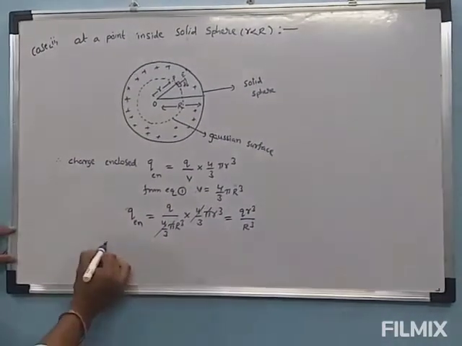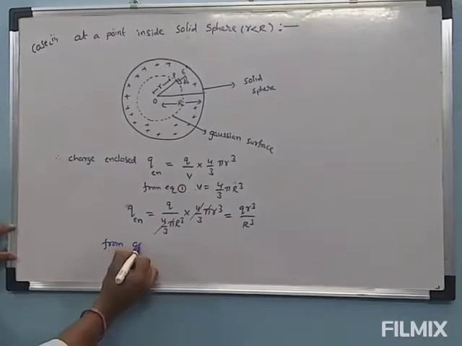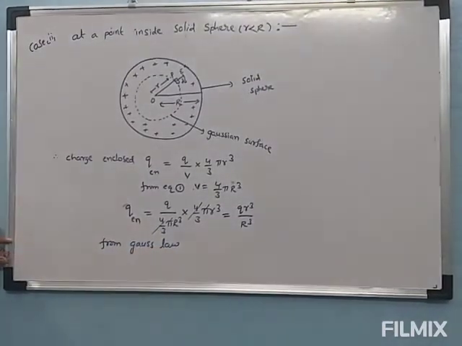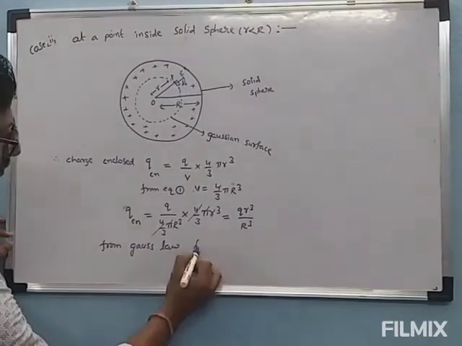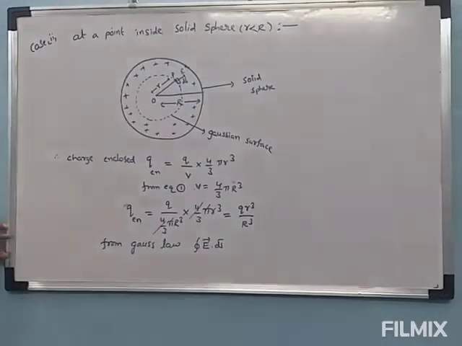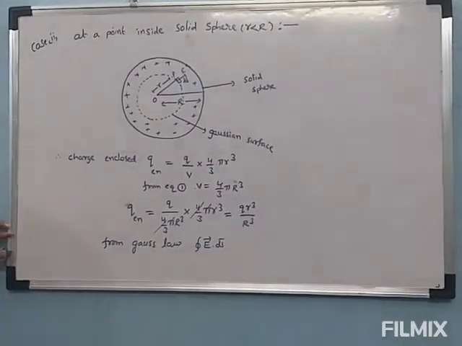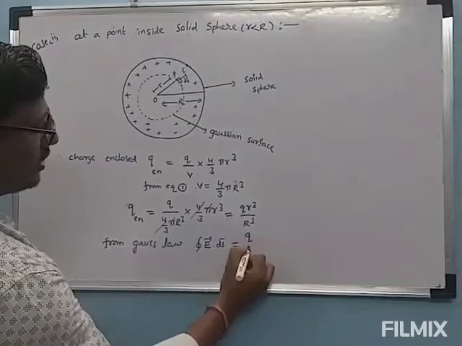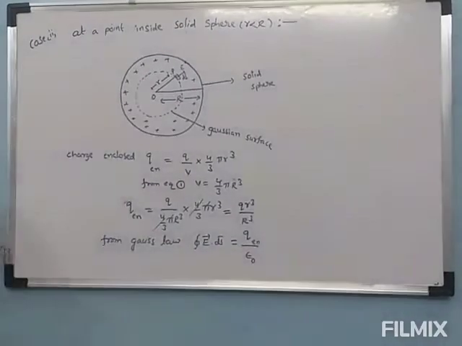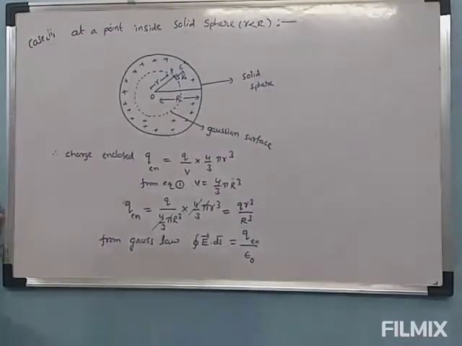From Gauss law, what is the Gauss law? The integration of E bar dot ds bar is equal to charge by epsilon naught. Charge is nothing but the charge enclosed.